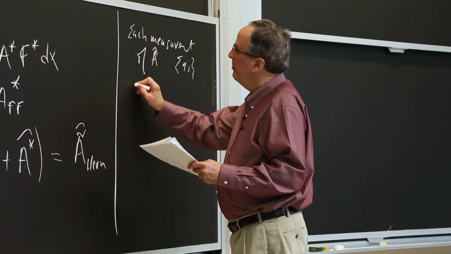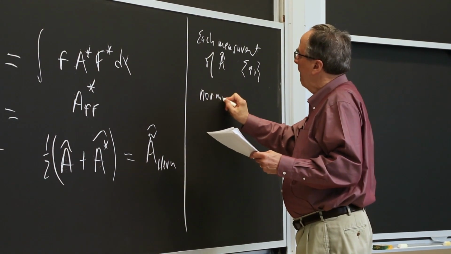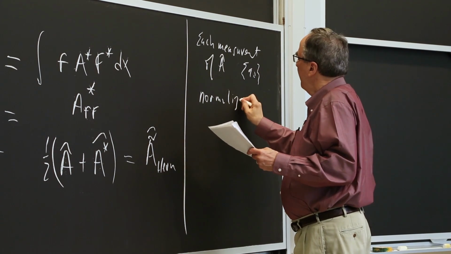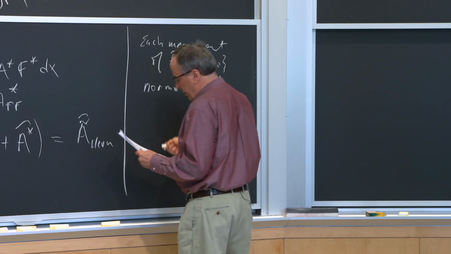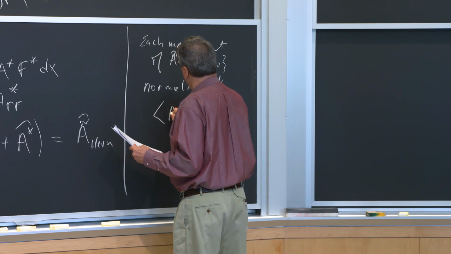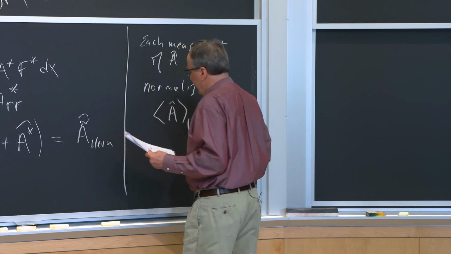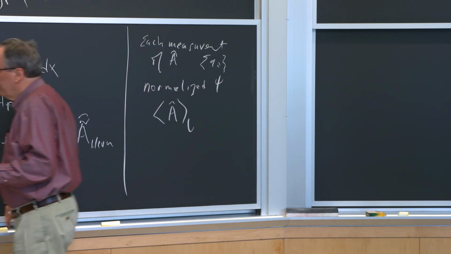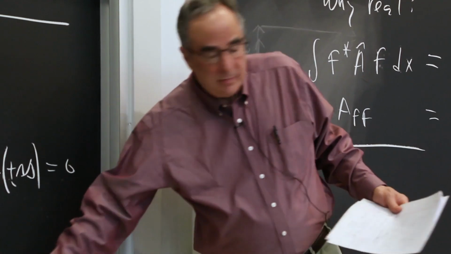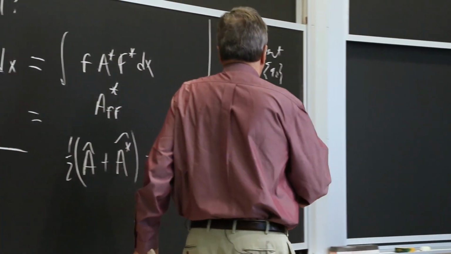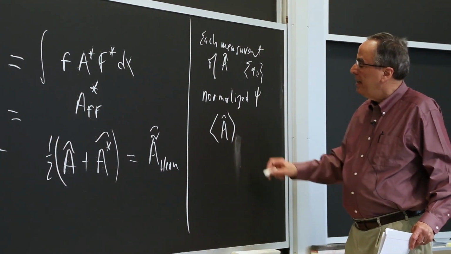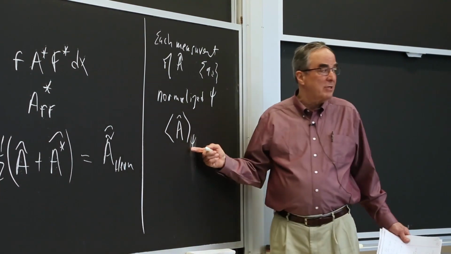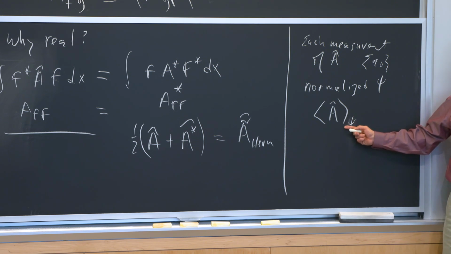Okay, if we have a normalized state, then we can say, and we never use this notation, but whenever you see this symbol, it means the expectation value of an operator for some wave function. So we could actually symbolically put that wave function down here.